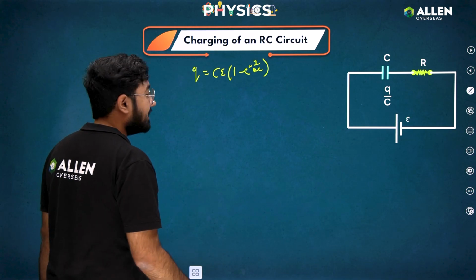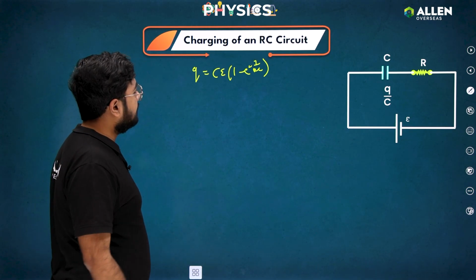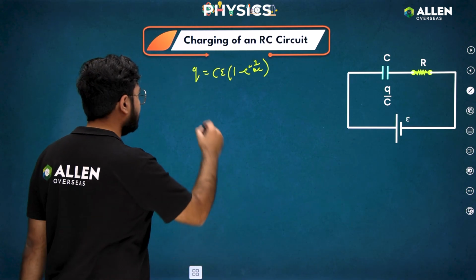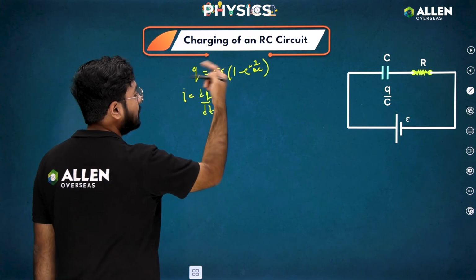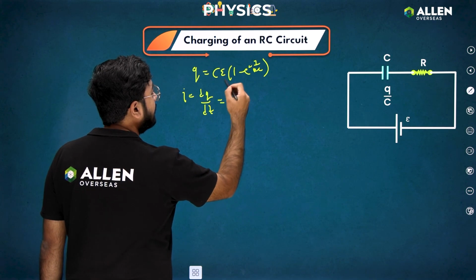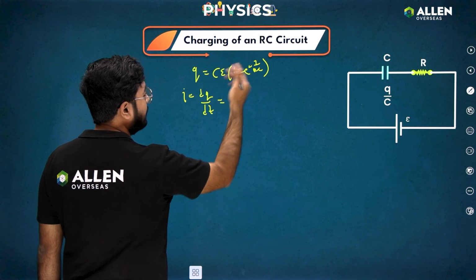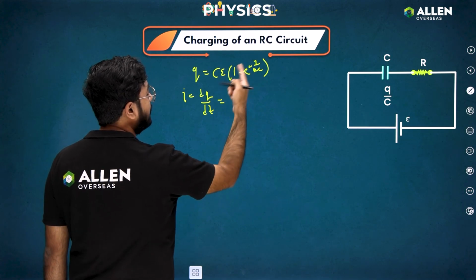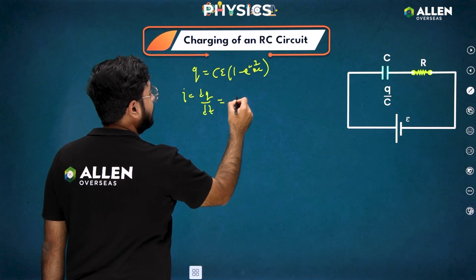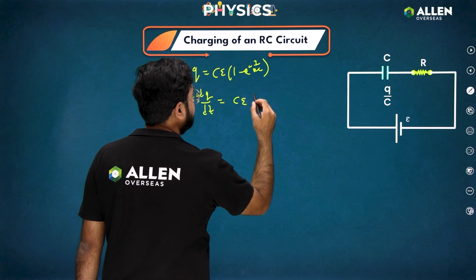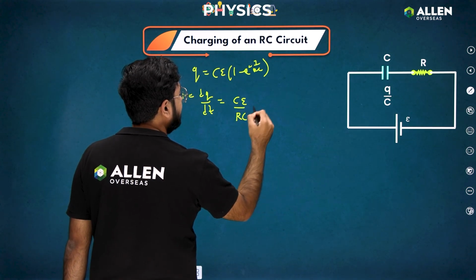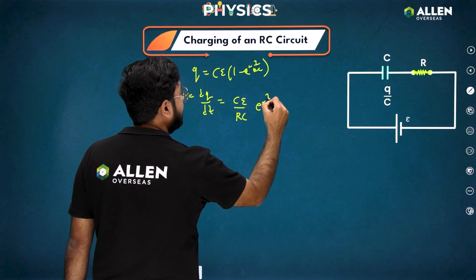Can I calculate the current in the circuit using this? Yeah, basically current is dq over dt. Differentiate that: CE is constant, so that gives 0, the negative will become positive, so it will be CE by RC times e to the power minus t by RC.